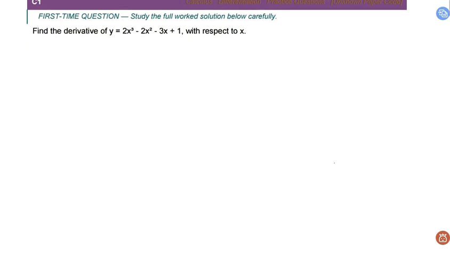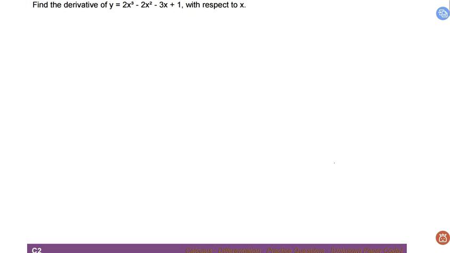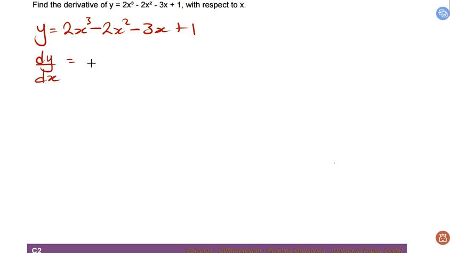So our question 1 is saying, find the derivative of y equal to, so we have been given y equal to 2x to the power 3 minus 2x squared minus 3x plus 1 with respect to x. So now when they say with respect to x, they just mean you say dy over dx will be equal to, now here 2 and 3 will multiply, so in short the coefficient will multiply with the power.